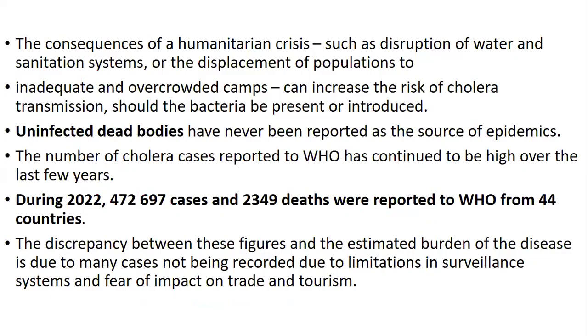So you find that the areas I mentioned have higher incidences of cholera, or higher endemic or epidemic rates, because they are characterized by poor sanitation, poor drinking water and so on. So we have higher cases in those.